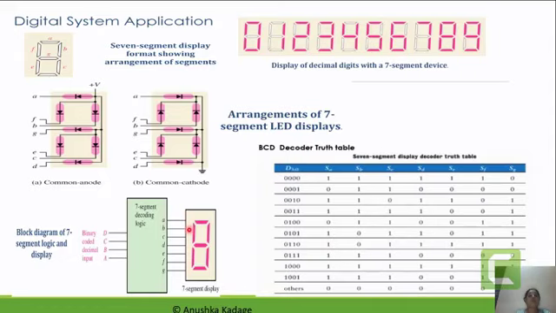So we are finding here that the BCD to 7 segment display will have these 4 input combinations of bits. As per this truth table, the segments will be made on or off.